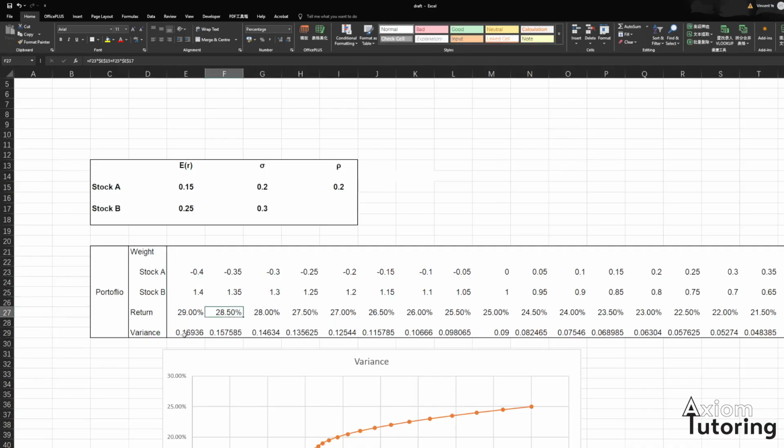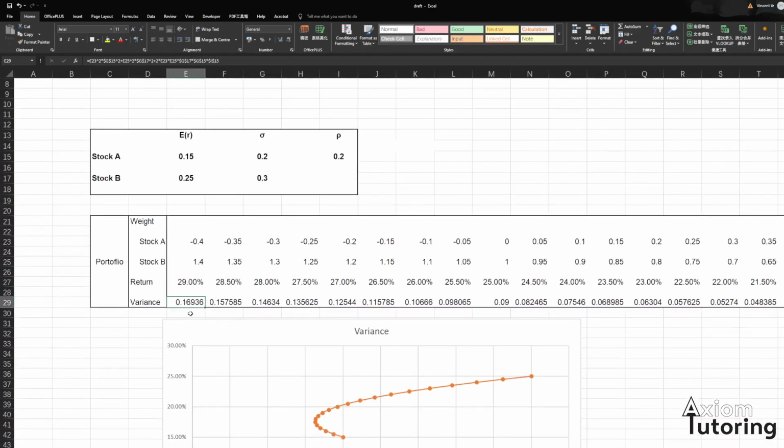Let's take a look at the variance here. The variance is going to be 16.9, almost 17%. In comparison, if you only invest in stock B, the variance is going to be 9%. So this 17% is a lot higher than 9%. It's almost twice the number. Why is that?